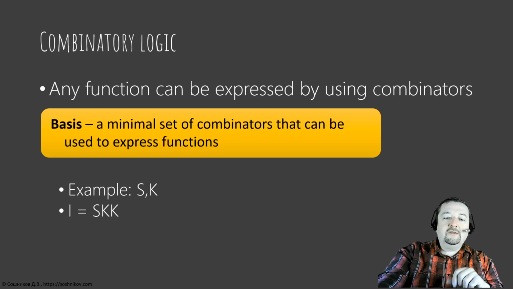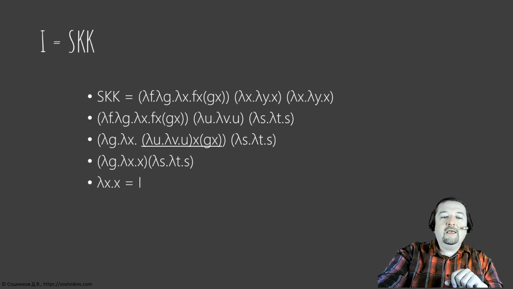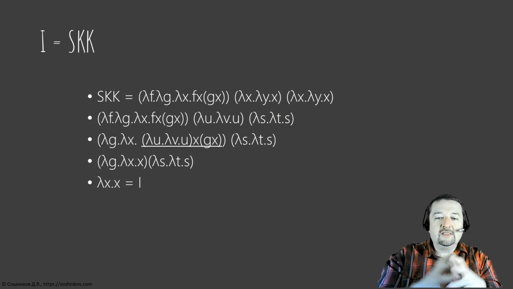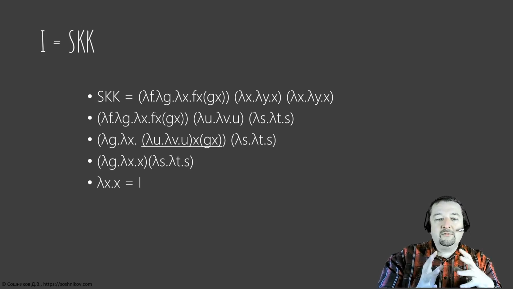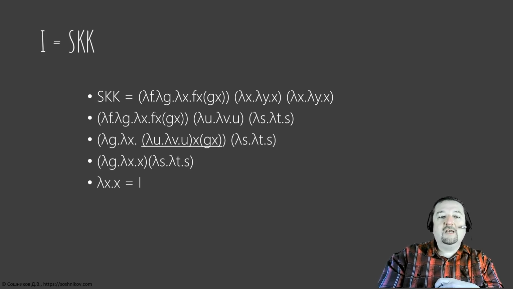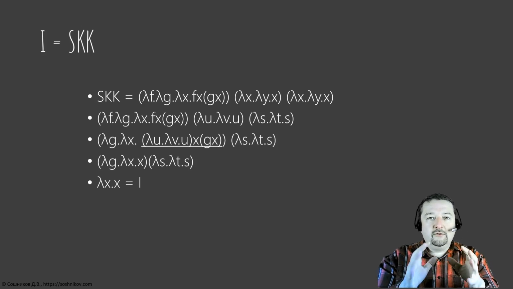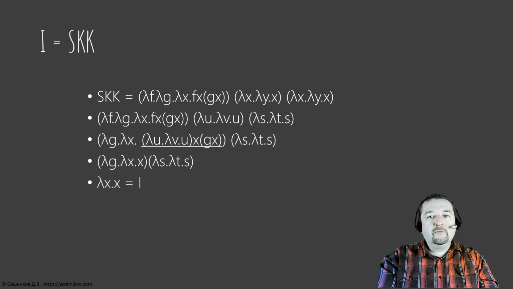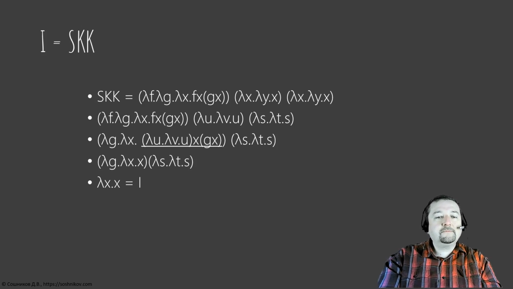We can prove it, that I equals S K K in a formal way. We can just put definitions of S and K into this expression, perform a series of beta reductions, and we would arrive at lambda x. x, which is indeed I. I would not go into detail, but if you want, you can try to follow those computations yourself.